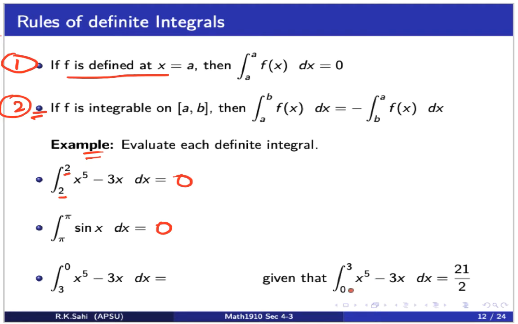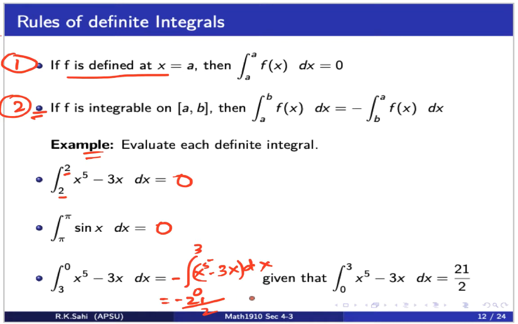If I flip the lower and the upper limits according to rule number 2, this answer is the negative of the integral from 0 to 3 of x^5 minus 3x dx. And we are given that integral is 21 over 2. So what is the final answer? Minus 21 over 2.